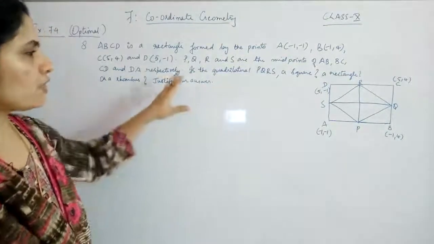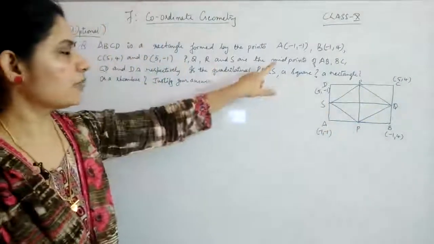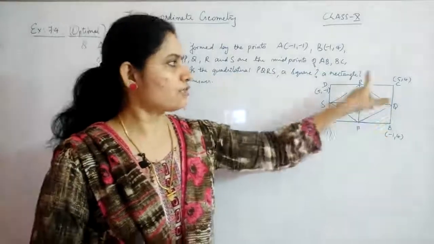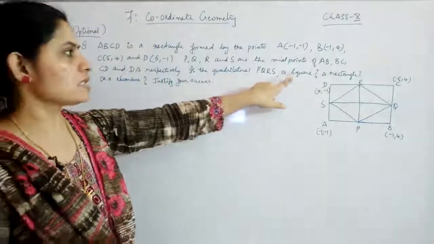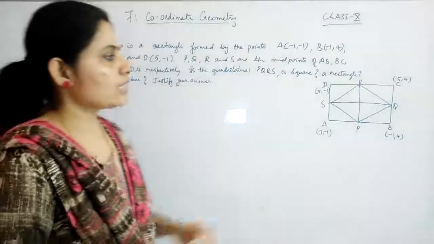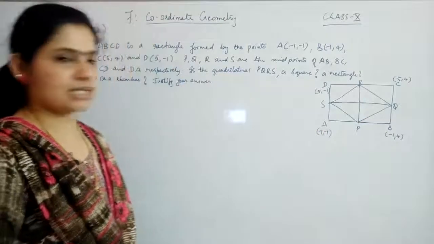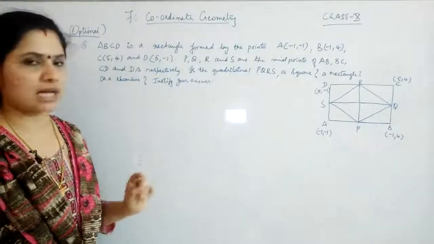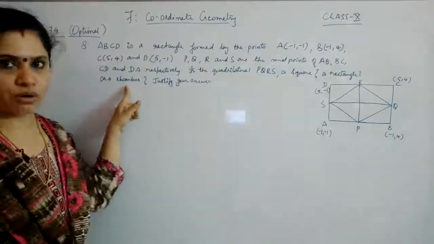First they have given that P, Q, R, S are the midpoints respectively of these four sides. First we will find the coordinates of P, Q, R, S. Then in order to check whether it is a square, rectangle or rhombus, we have to find the lengths of PQ, QR, RS and PS. If all four sides are equal, then you have two cases: it can be a square or a rhombus.